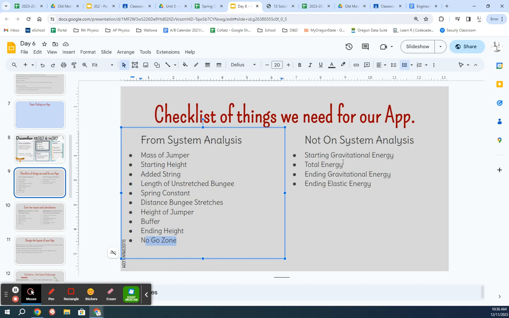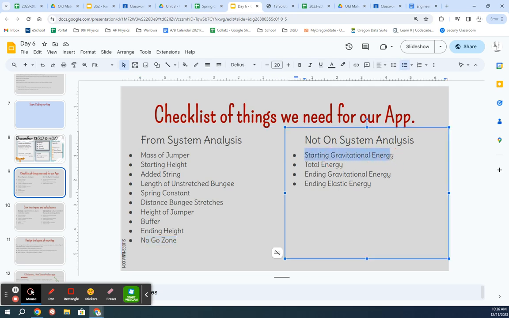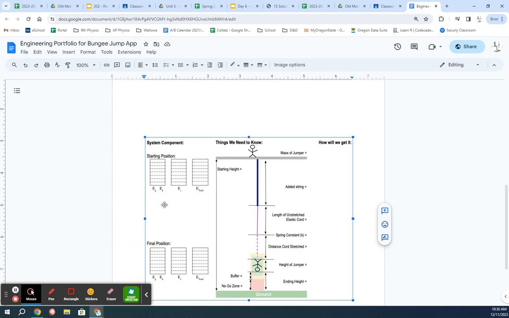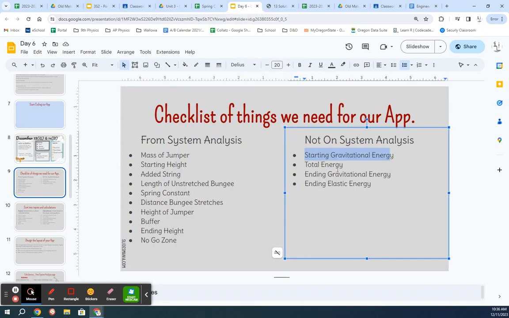Some things that aren't really on our system analysis, I mean, they kind of are, but not really. Starting gravitational energy. Right? That's this stuff over here where we talk about that starting energy. So it's sort of on there. Total energy.